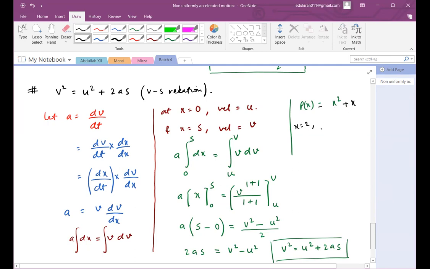So p at 2 is equals to 2 squared in this part, and 2 in this part, so it will be just 2 plus 2 squared.